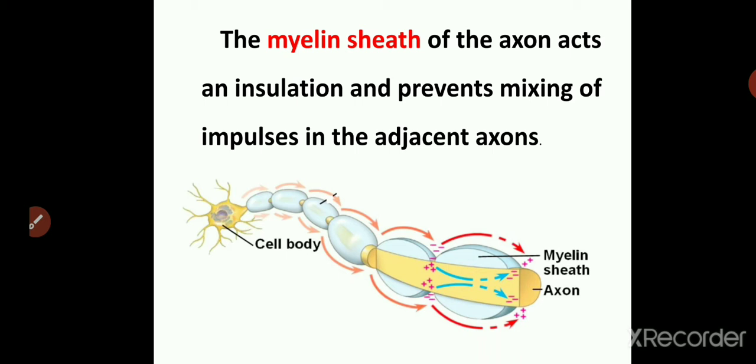That is, it prevents short circuiting. In the same manner, here the axon which has the myelin sheath works as an insulator. So that prevents the mixing up of impulses from the adjacent fibers.